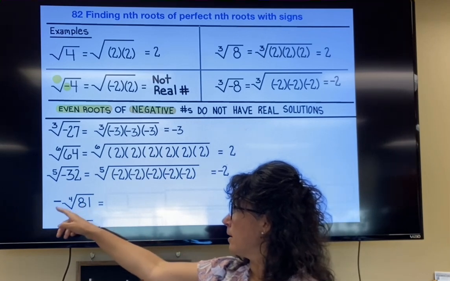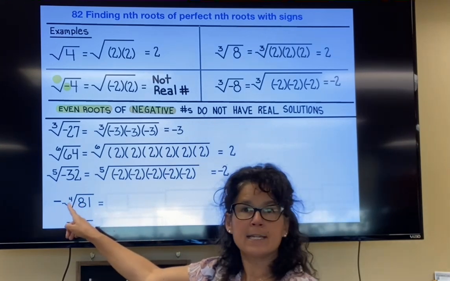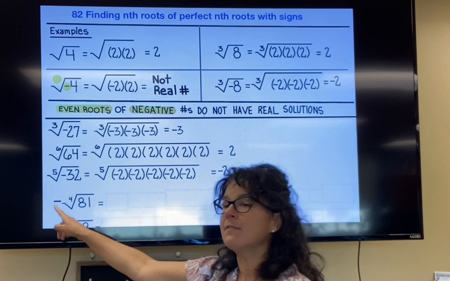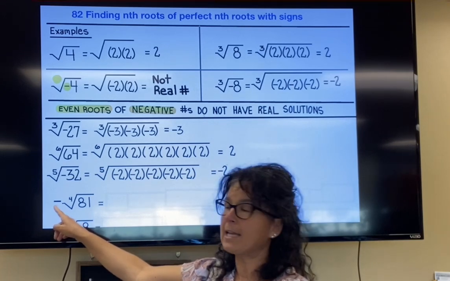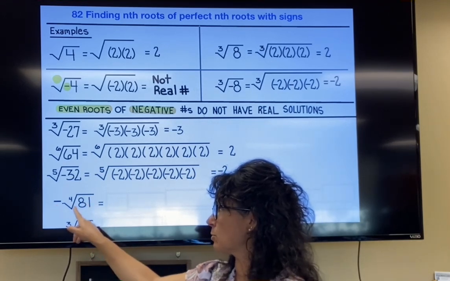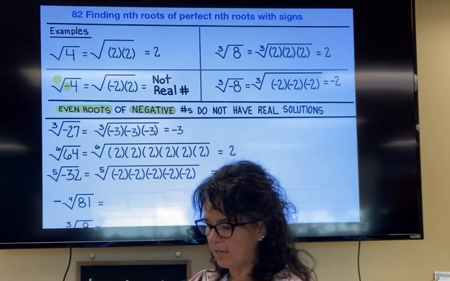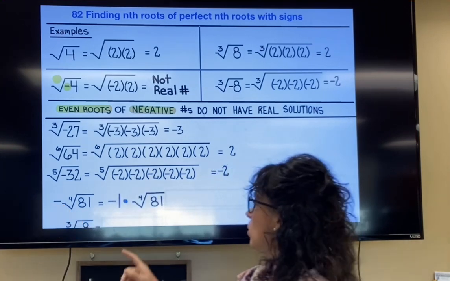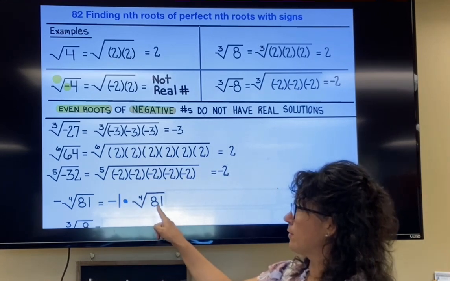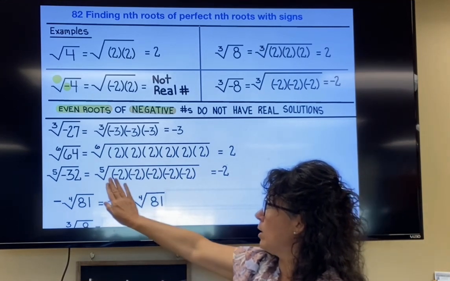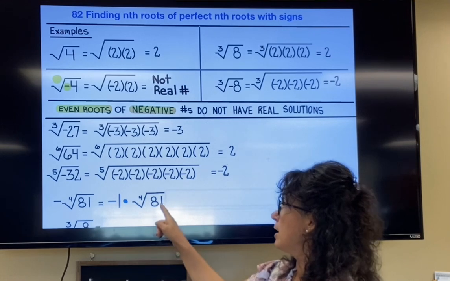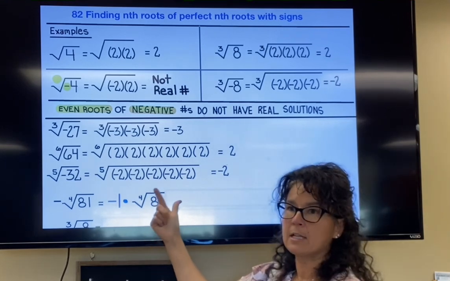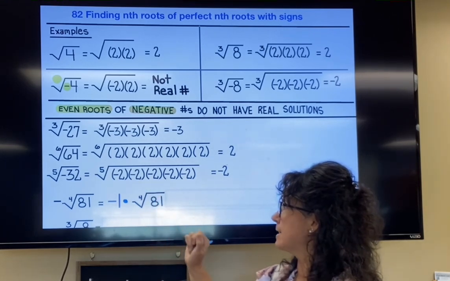This one, I have an even root and I see a negative, but the negative is on the outside. That has nothing to do with this root. It's -1 multiplied by the 4th root of 81. So this -1 is just hanging out there by itself. And now we need a number times itself, times itself, times itself that is 81.